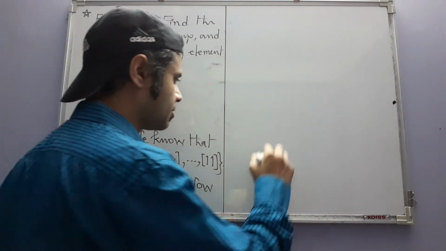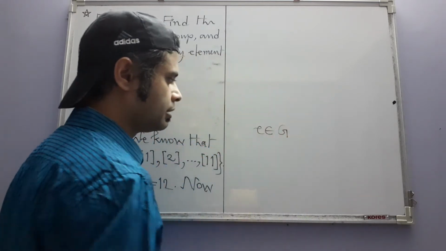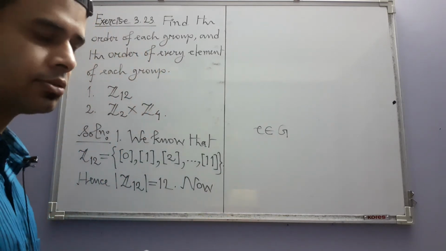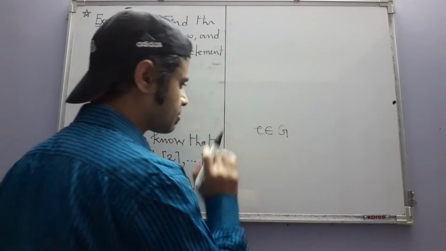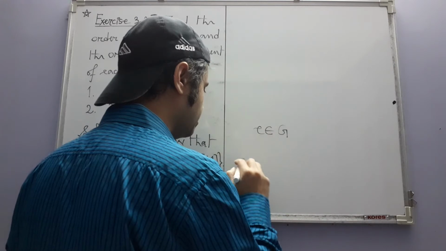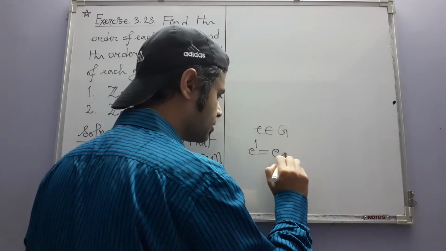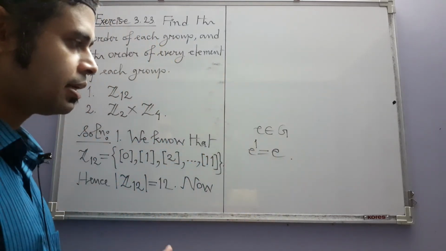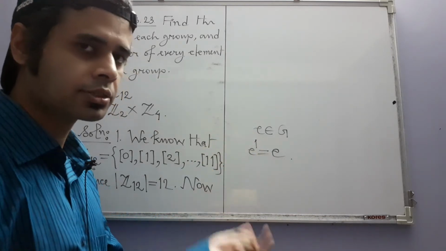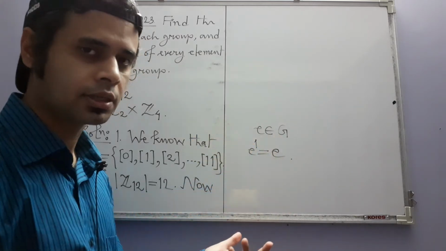Why is that so? Say you have a group G in which you consider the identity element E. G may itself be a finite group or infinite group. Whatever G is, it does not matter. The order of E is equal to 1 always. That is because the first power of E is equal to E. And by our definition, the order of an element is the smallest positive exponent for which the corresponding power of the element equals the identity.